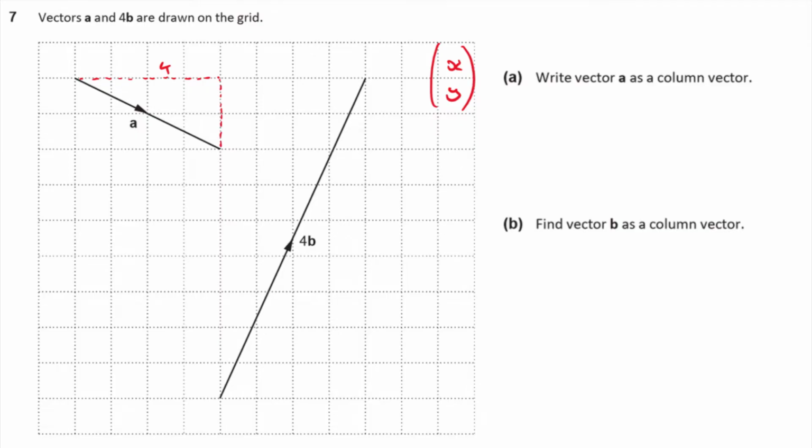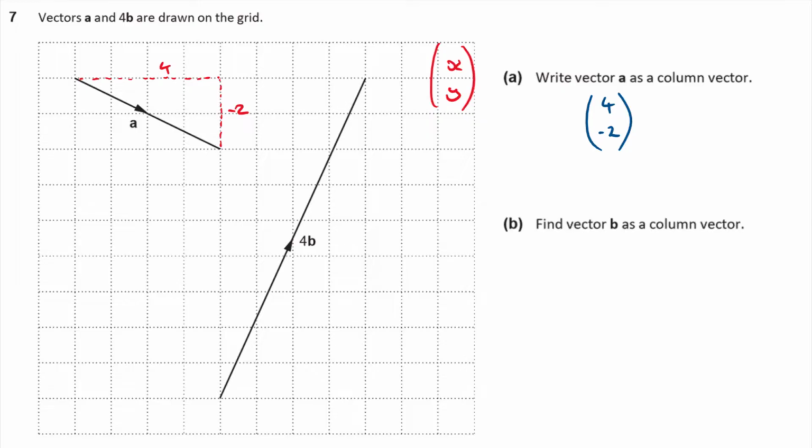And y is how many units up it is, and this is actually 2 units down, so this is considered to be -2. So the column vector is 4 units in the direction of x and -2 units in the direction of y.